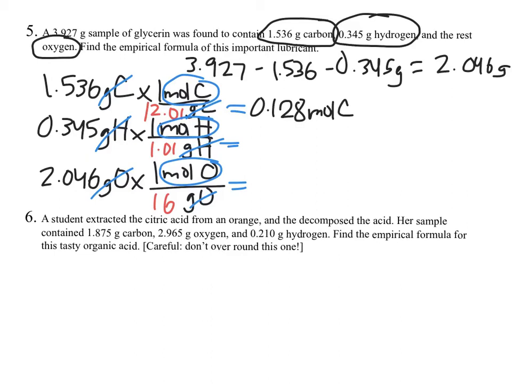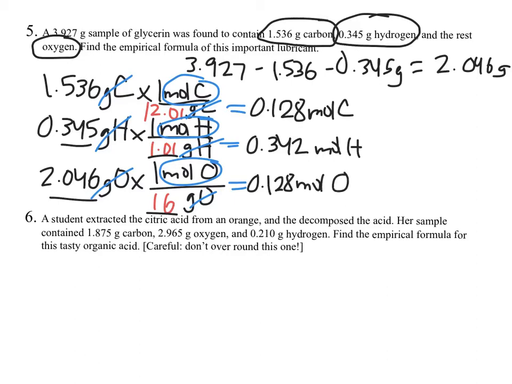If we take 0.345 grams divided by 1.01, we end up getting about 0.342 moles of hydrogen. And if we take about 2.046 divided by 16, we end up getting about 0.128 moles of oxygen.